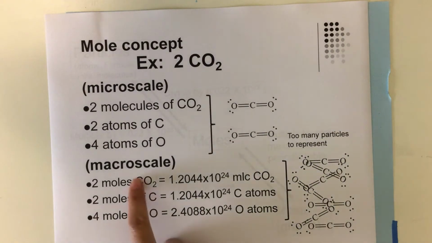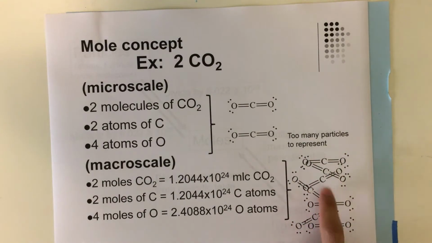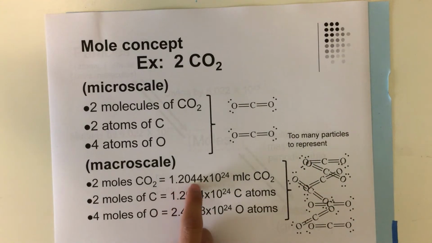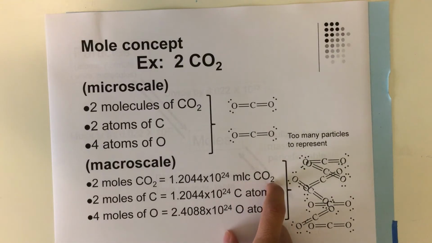Now, if we go macro, we go on a macro scale, there's too many for us to represent here. So the too many means that there's 1.2044 times 10 to the 24th molecules of carbon dioxide, which means we have 1.2044 times 10 to the 24th carbon atoms and twice that for oxygen atoms.